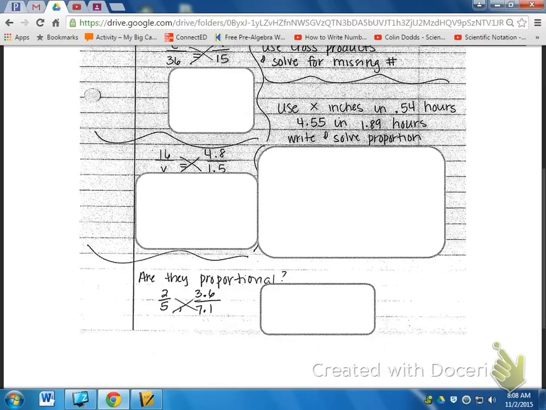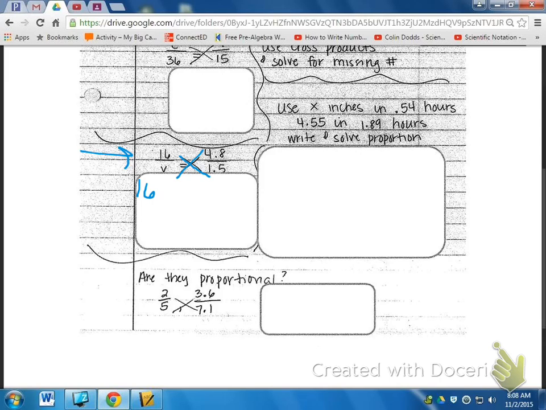Let's look at a couple of things and then we will actually be done. This one is just showing you that they could have decimals in them. So when we cross, I've got, and I'm not going to use the dot for multiplication because of the decimals.